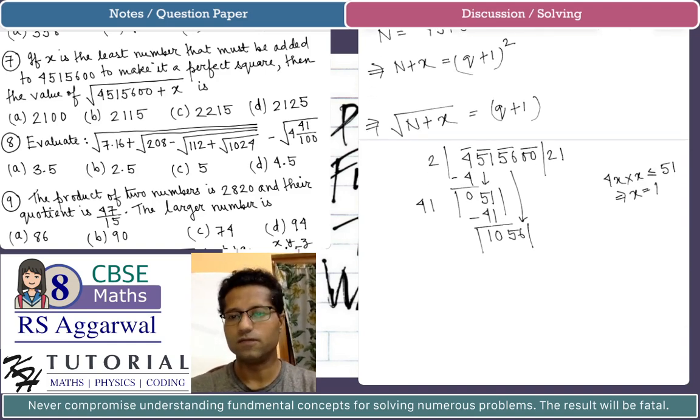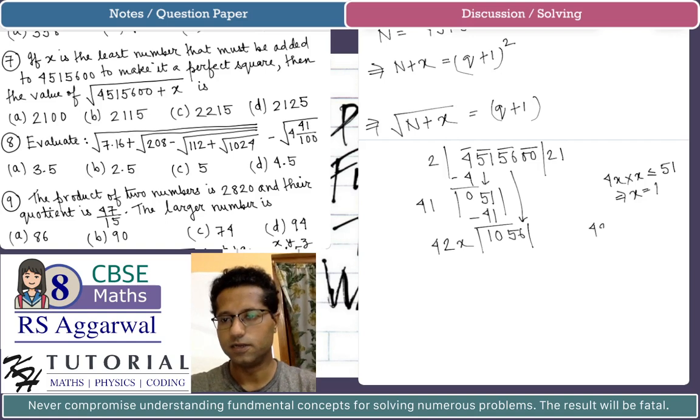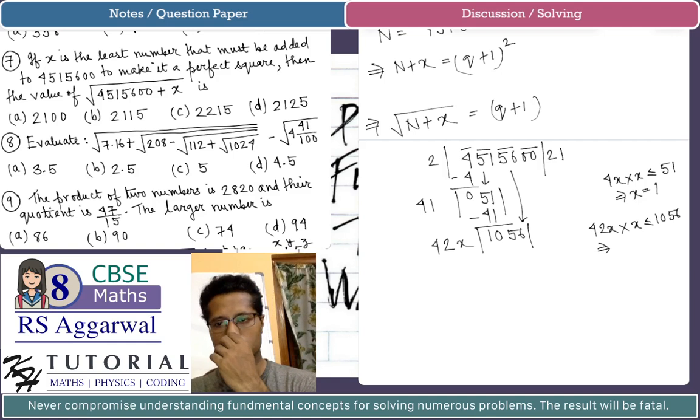Now the new partial divisor will be the current quotient multiplied by 2. So 21 multiplied by 2 is 42. Now again we have to find the maximum digit x, such that the 3-digit number 42x multiplied by x is less than or equal to 1056. Can x be 4? No. Can x be 3?